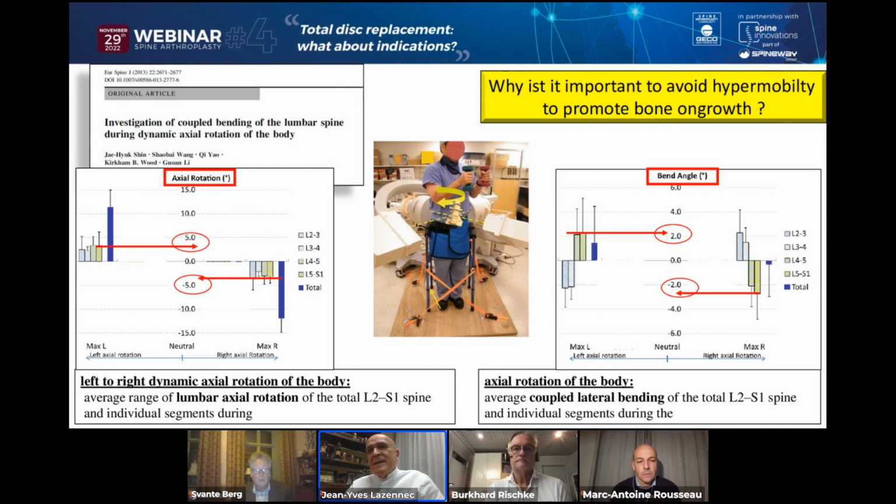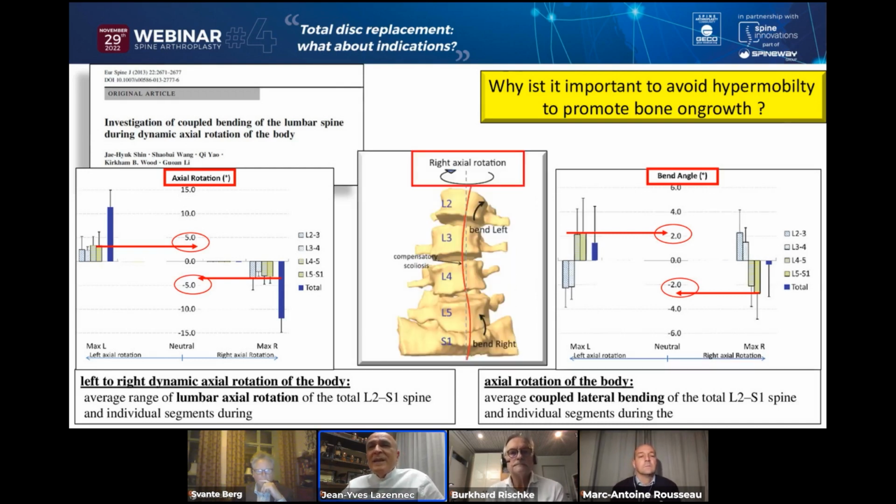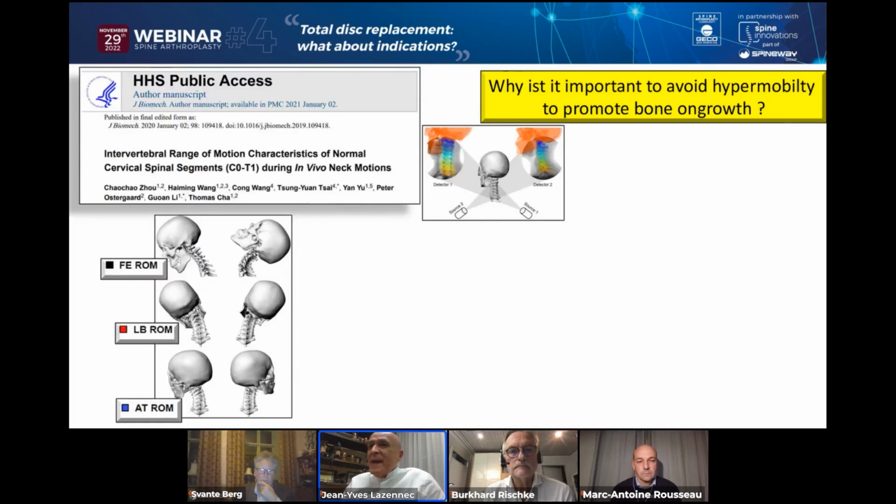Probably between bending and axial rotation, the most deleterious movement to make the patient aware of is axial rotation. I say this to my patients since years. So it is a summary of this very interesting paper you can find. You have a kind of functional scoliosis when you do rotation. Interesting concept.